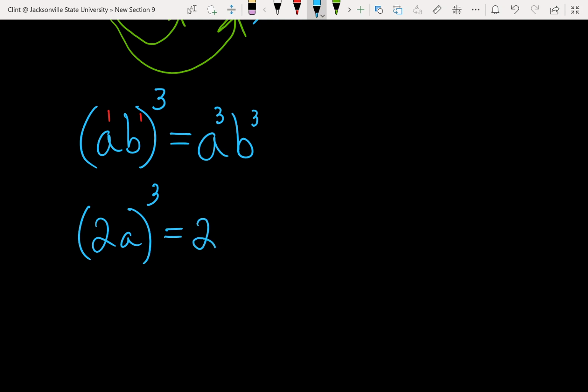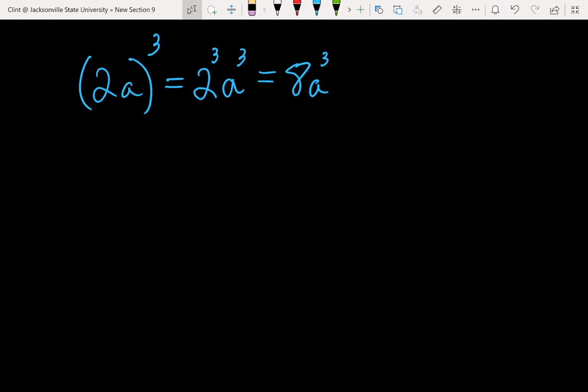This one, what we should get is 8a cubed. Common thing to get tripped up on.